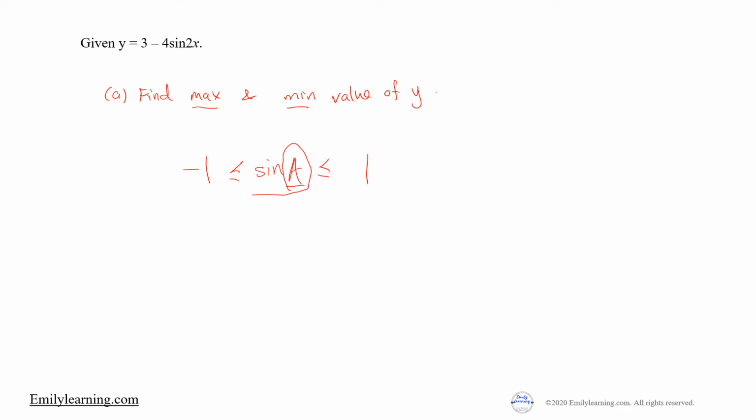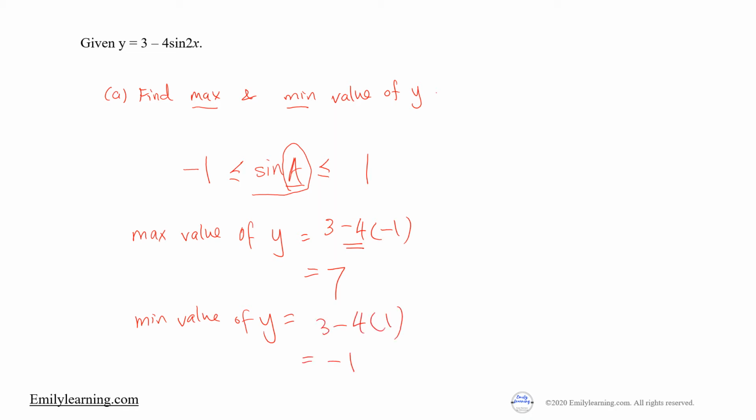So if I have y equals 3 minus 4 sine 2x, the maximum value of y will occur when sine 2x is equal to negative 1, because I have minus 4 here, so negative will become positive. So the maximum value of y will be 7. And the minimum value of y occurs when sine 2x is equal to 1. Therefore, the minimum value of y is negative 1.